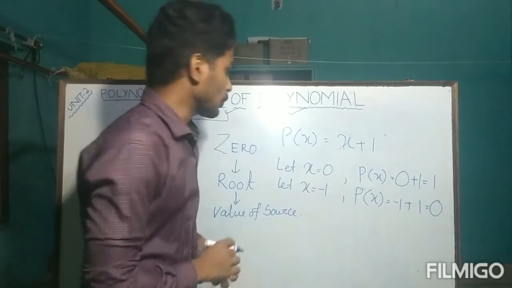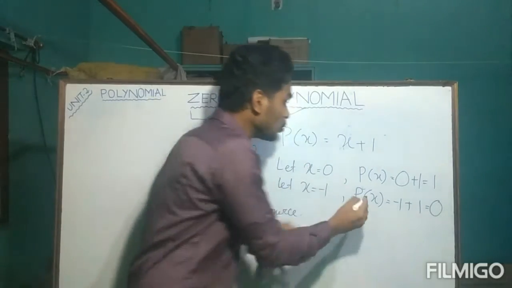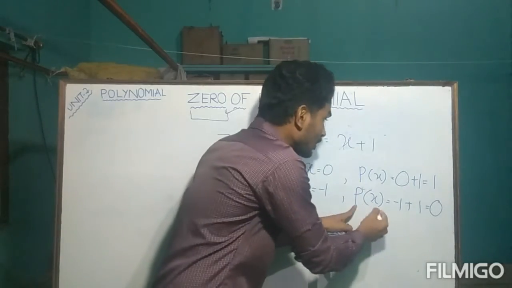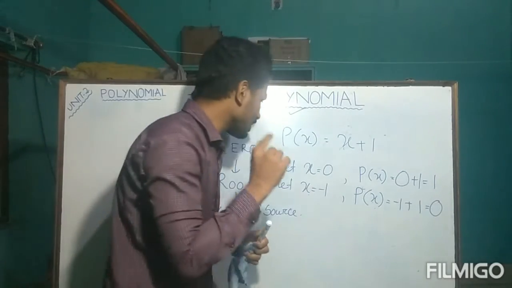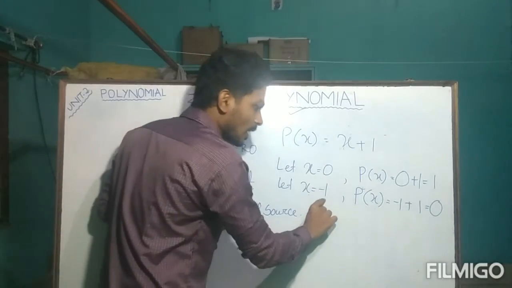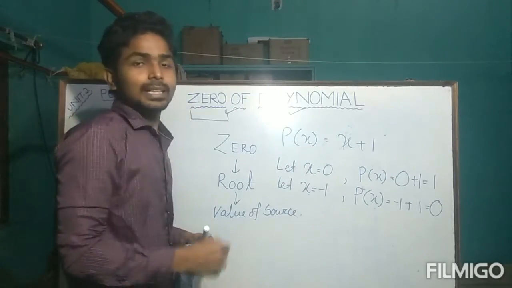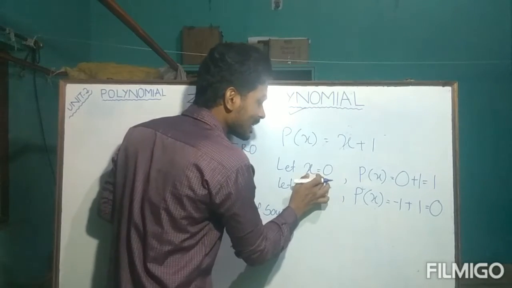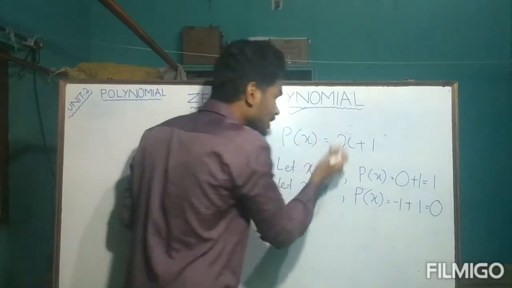0. So the 0 of polynomial means the value of x for which the polynomial value is 0 is called 0 of a polynomial. Again understand, the value of x for which the polynomial value is 0 is called 0 of a polynomial. But here in the first case the value of the variable is 0.